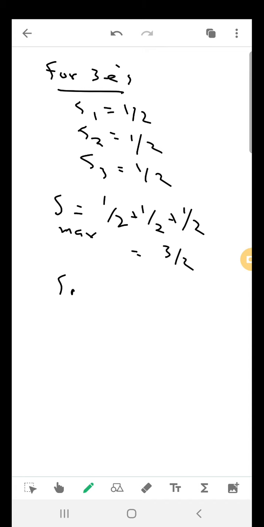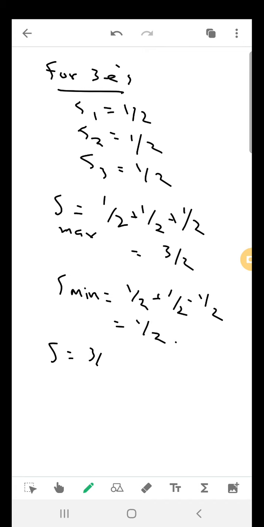And S min will be, if we have 1 plus half minus half, so these two cancel out, we have 1 by 2. So S value will be 3 by 2 and 1 by 2, and for this case 2S plus 1 will be 4, and in this case 2S plus 1 will be 2.